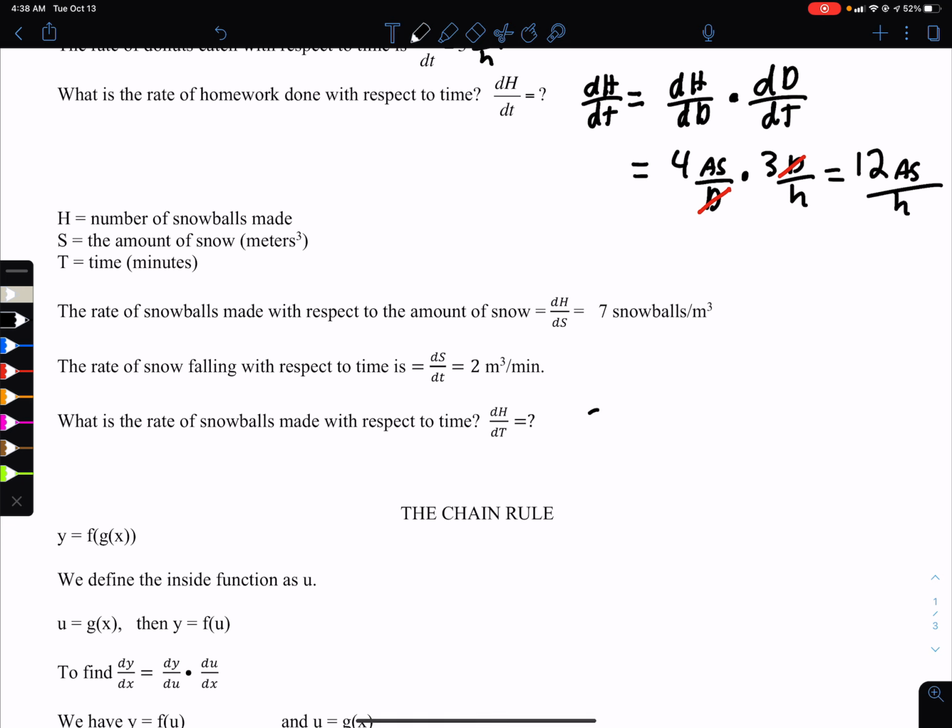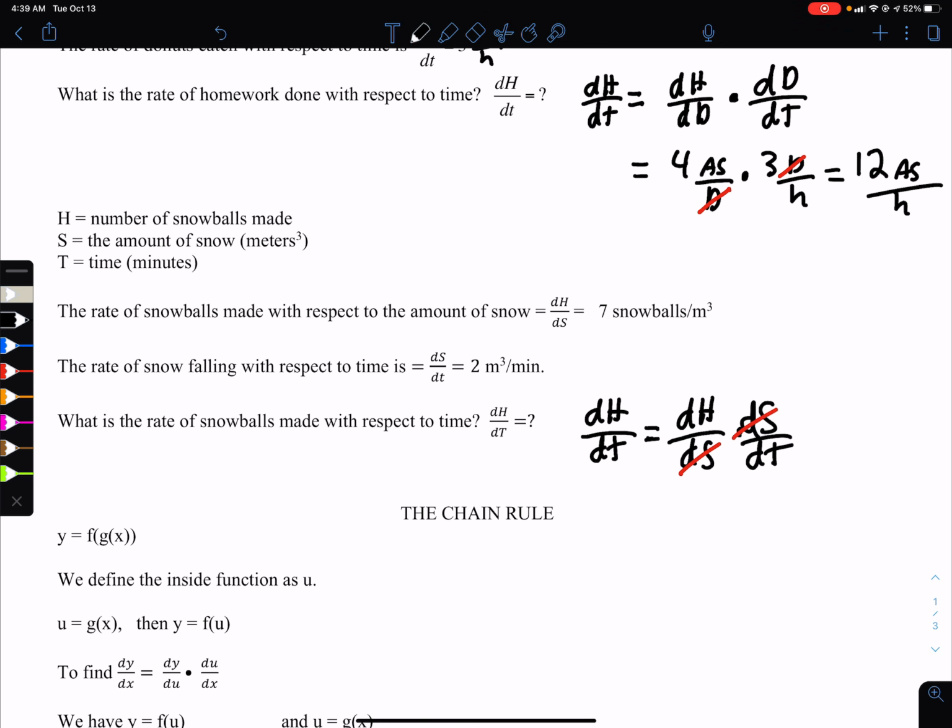And so we want dH/dt, but we know dH/dS, and we know dS/dt. And so again, if you look, in essence, the dS's cancel, and you end up with dH/dt.